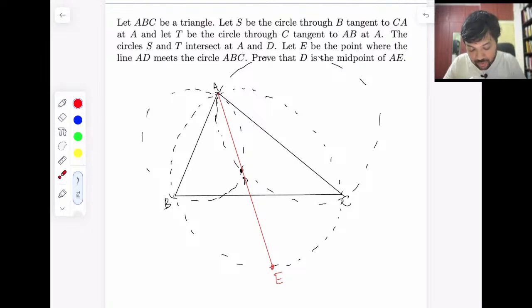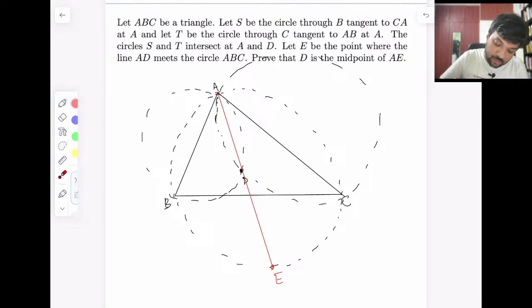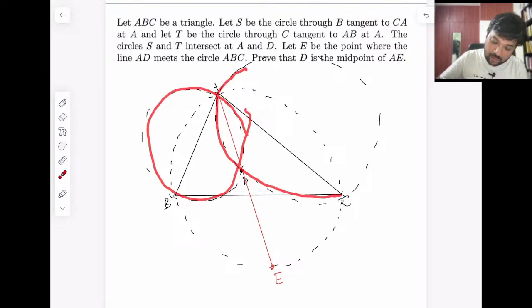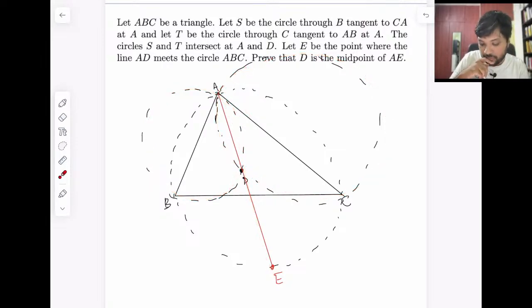So what do we have to do? We have to start with the triangle ABC and draw a circle that is tangent to... I guess you can draw two intersecting circles, and then draw two tangents at that common point.